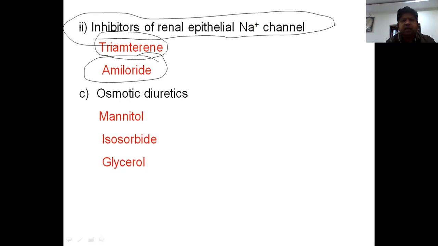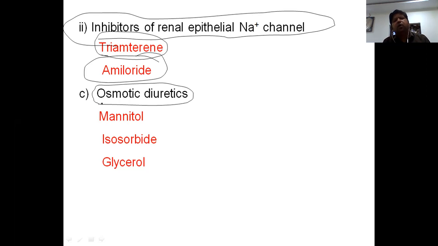And coming to the last one, osmotic diuretic. This is also a weak diuretic. This is going to modify the contents of the filtrate. Okay, I think you know osmosis. Osmosis is a condition where there is a movement of water from lower solute concentration to higher solute concentration, or I can say from higher water concentration to lower water concentration.